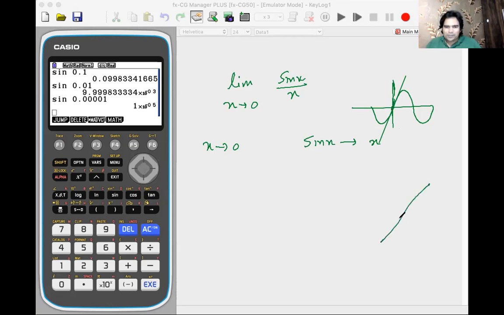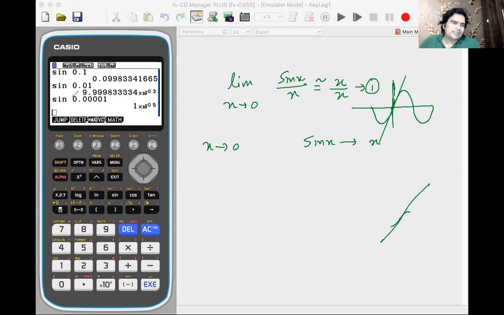If you zoom in, the sine x curve and this line almost overlap each other. As a result, for sine x upon x, because sine x is approximating x, we get x upon x, which is 1. So as x approaches 0, the ratio of sine x with the angle x itself will always be 1.